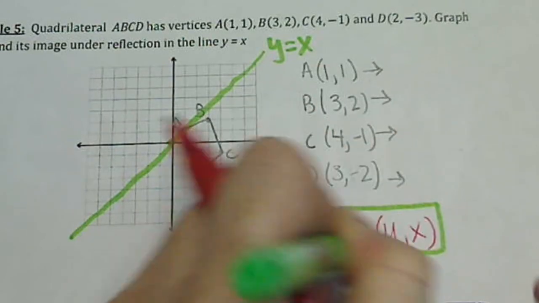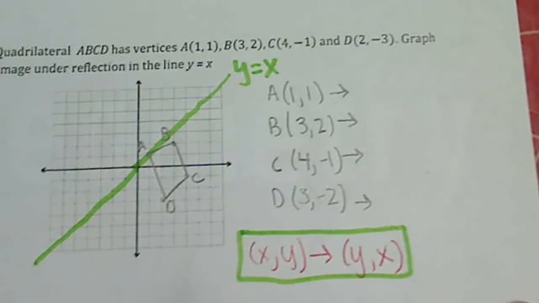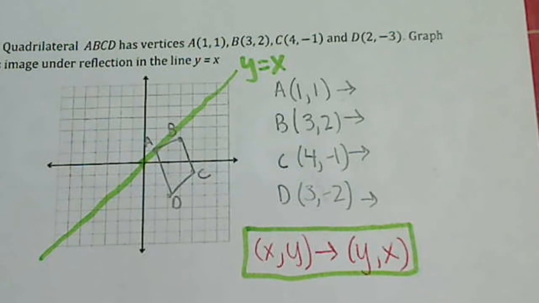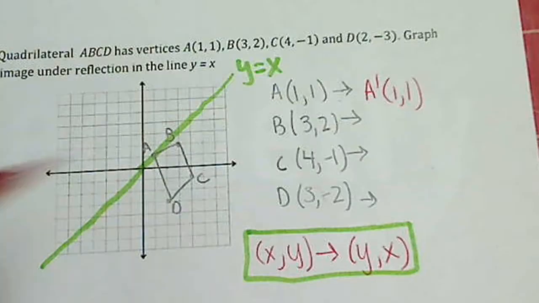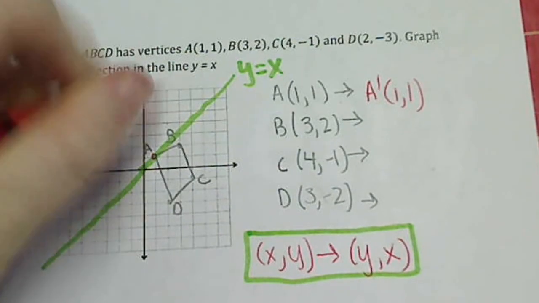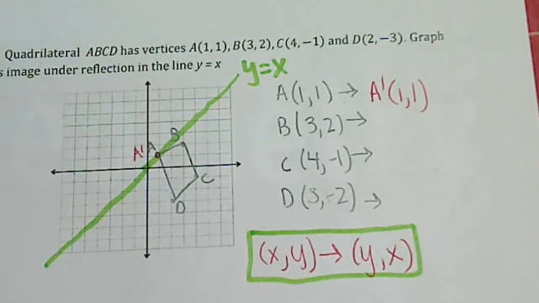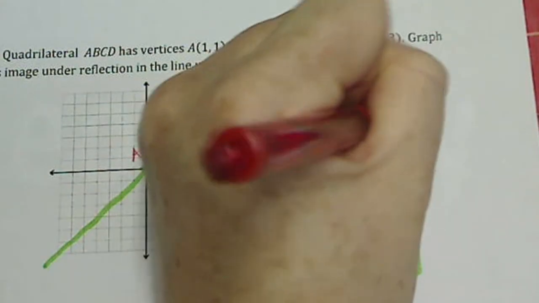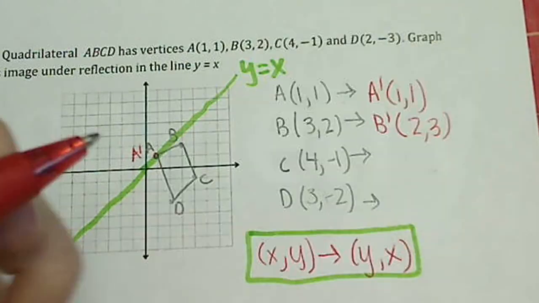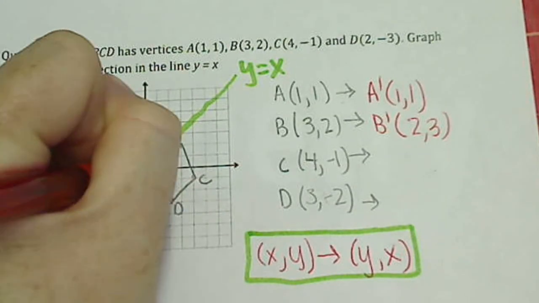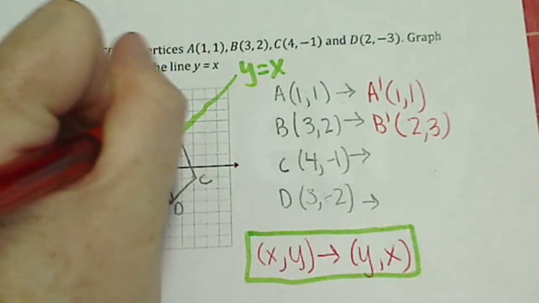So let's look if that is true. Let's plot A prime. Well, A prime, if I flip these, it's still going to be the same point, which makes sense because it's on the line of reflection. Let's try B prime. Flip places, so it's the point 2, 3. Let's graph 2, 3. 2, 1, 2, 3.